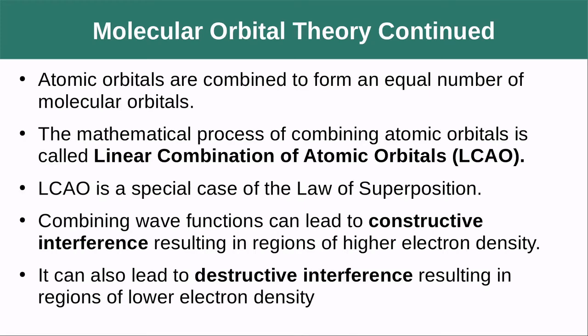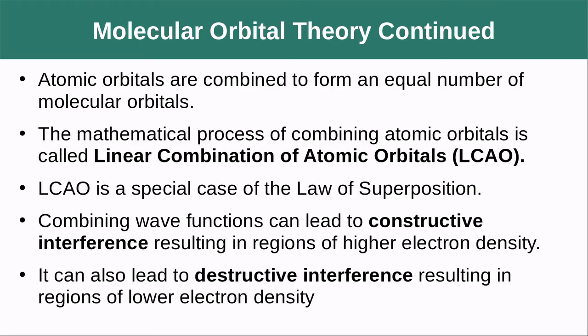You always wind up with the same number of molecular orbitals as you had atomic orbitals to begin with. So atomic orbitals are combined to form an equal number of molecular orbitals. The mathematical process of combining the atomic orbitals is called linear combination of atomic orbitals, LCAO.